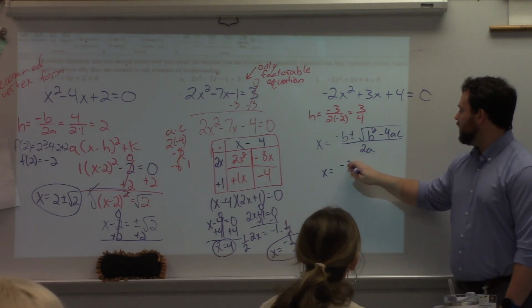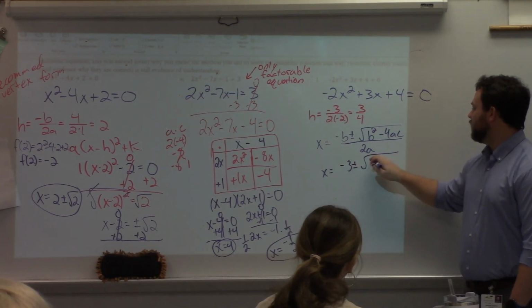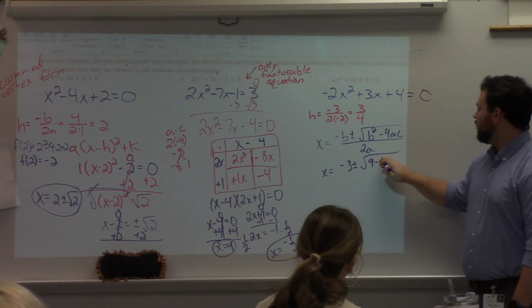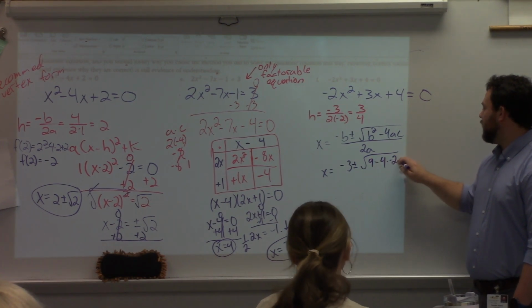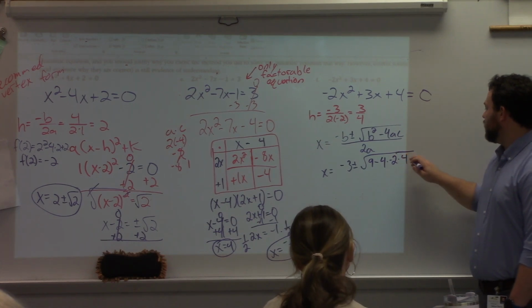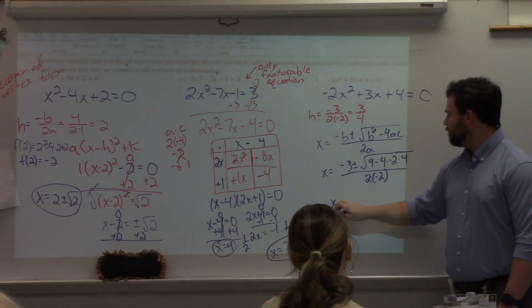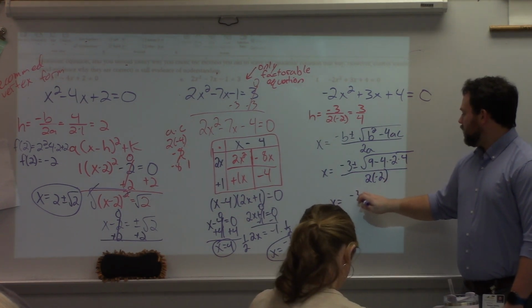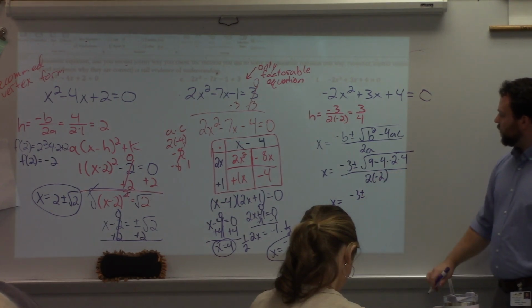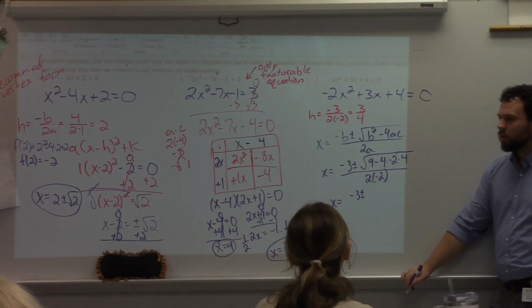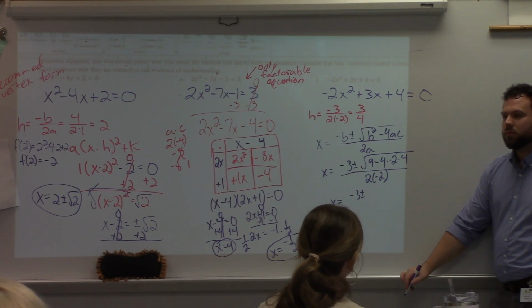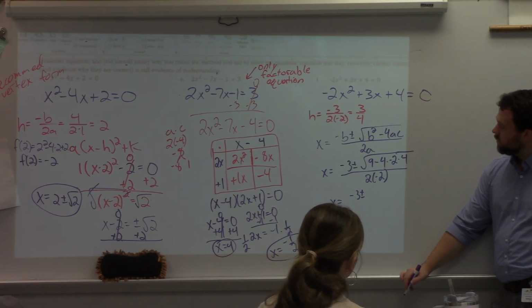So opposite of b plus or minus square root of b squared minus 4 times a times c, all divided by 2 times a. Okay. What was 9 minus 4 times negative 2 times 4? 41.